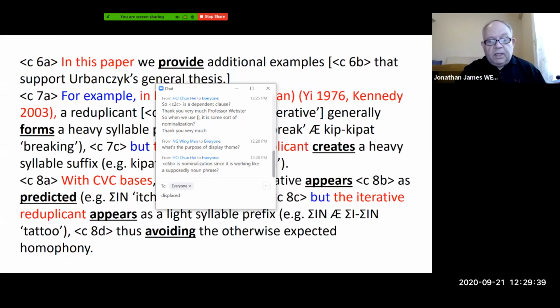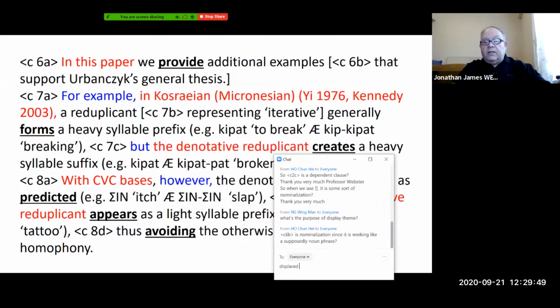And 6B is nominalization, since it is working like a supposed noun phrase. 6B is functioning like a relative clause. 6B, it is a relative clause. It is a defining relative clause. Instead of that, you could just as well use which, all right? So in that case, the relative clause is part of the noun phrase, examples. It is post-modifying examples. All right? Let me put this aside.